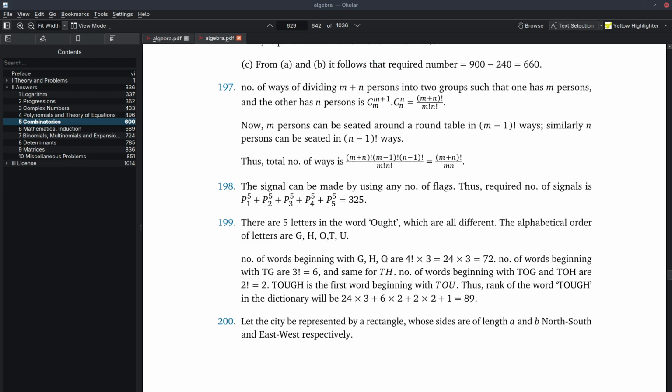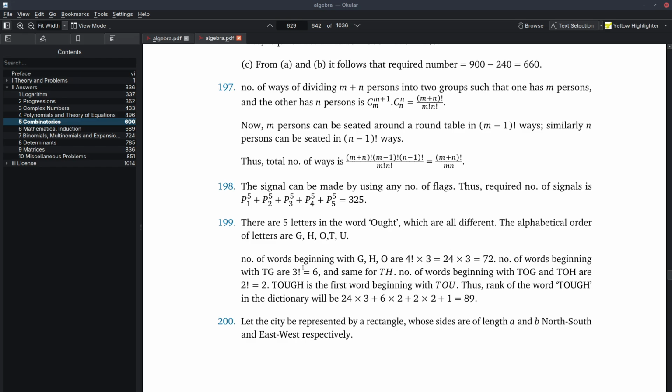If we fix each of them, we have the remaining positions to arrange. So let me think a bit. The number of words beginning with G, H, O. I'll come back to it in a moment.